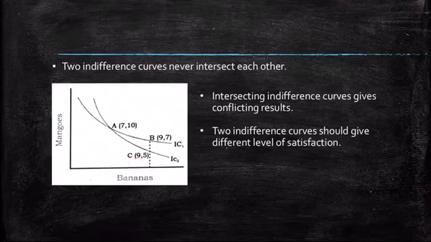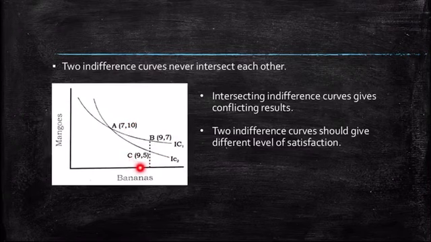So the interesting thing here is that these intersecting curves show that the C as well as B combinations give the same level of satisfaction, which is not true.